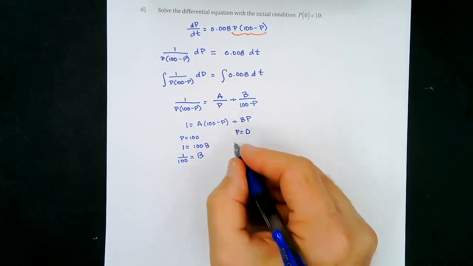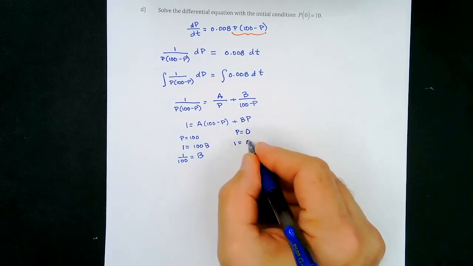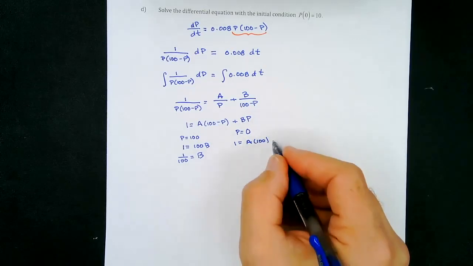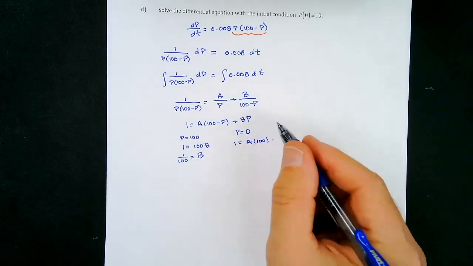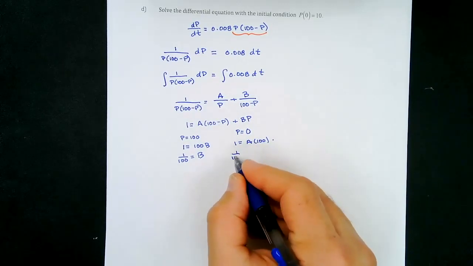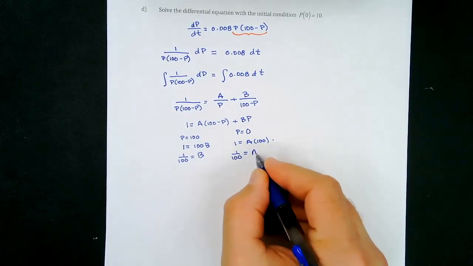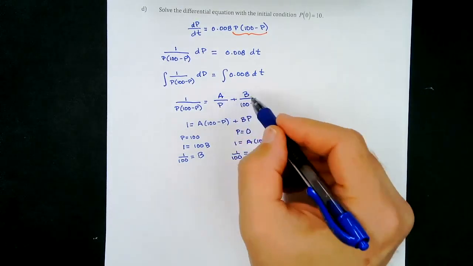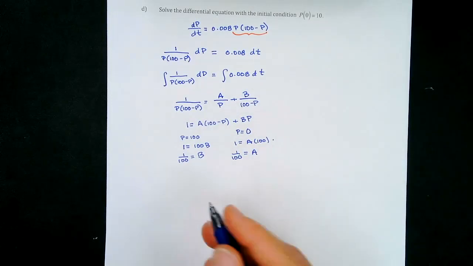So when P equals 0, we'd have 1 is equal to A times 100, or 100A, plus B times 0, which would be 0. So 1 over 100 is equal to A. Okay, so that means this A right here is 1 over 100, and this B is 1 over 100.